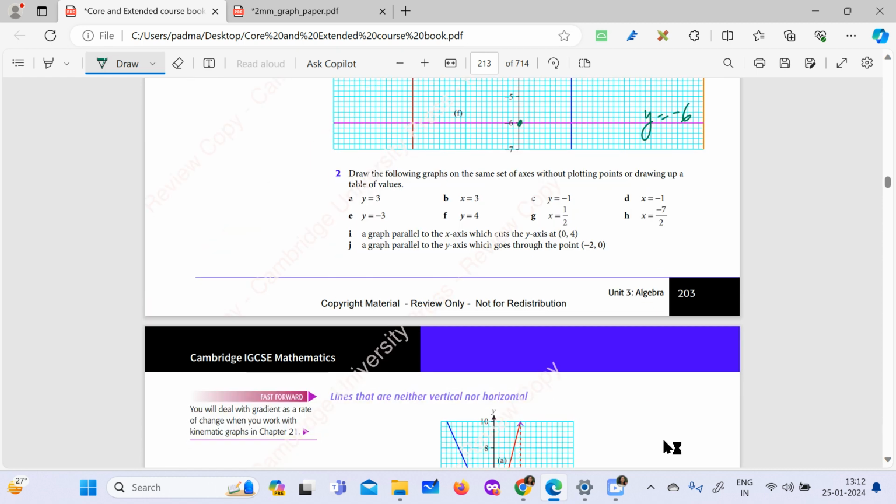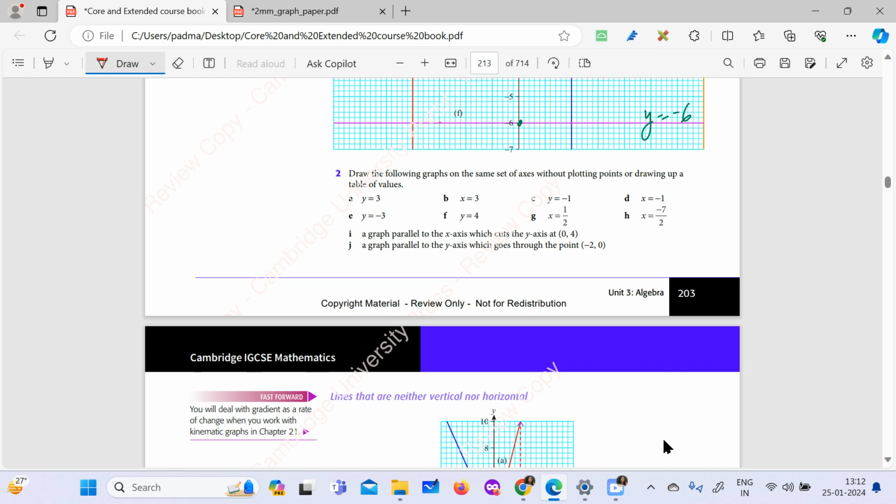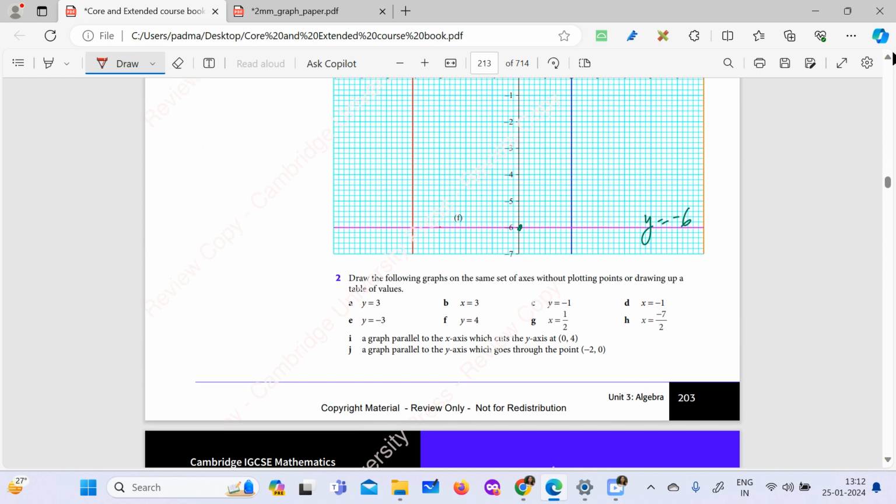Now look here. We have: draw the following graphs on the same set of axes without plotting points or drawing up a table of values. So what does it say? y is equal to 3. Let me draw the axis. 0, 1, 2, 3, 4.